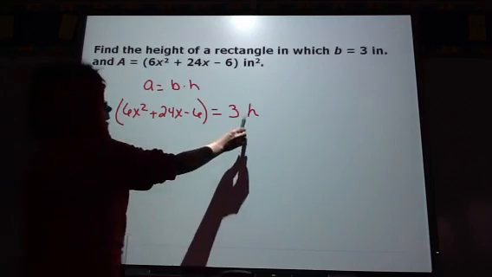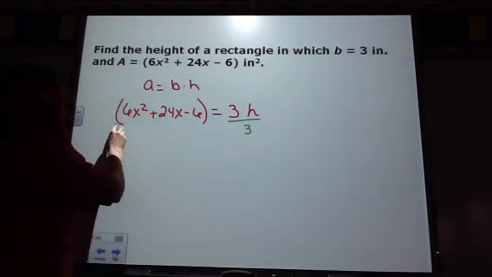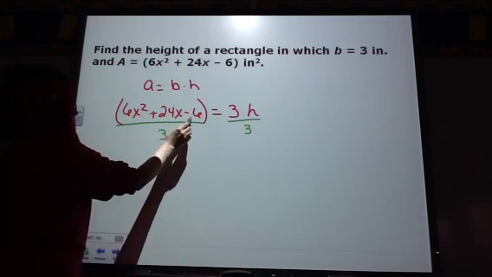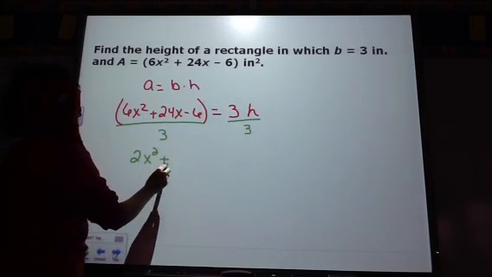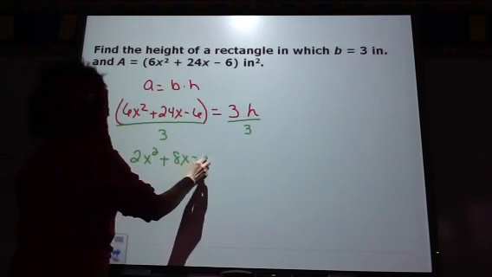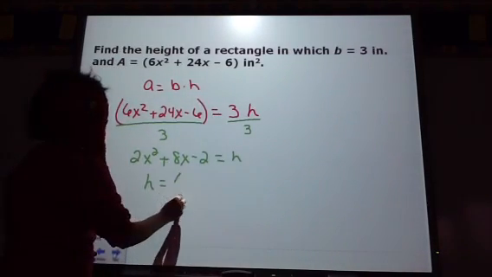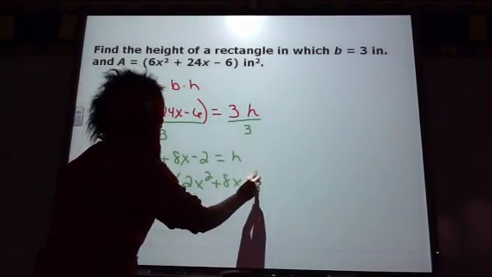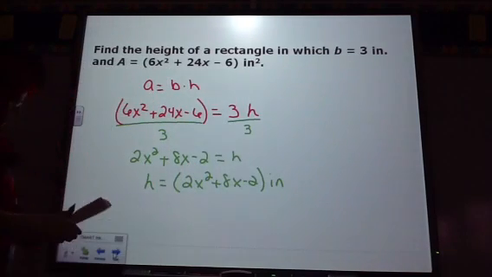So we need to isolate our variable h by doing the inverse of multiplication, which is divide. So we have to divide each term here by 3. So you're going to have 2x squared plus 8x minus 2 equals h. So our height, this represents a number, so I'm going to keep it inside parentheses, and our units are inches.